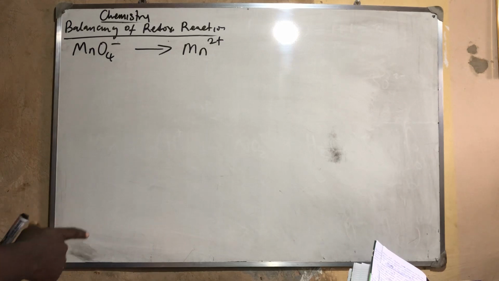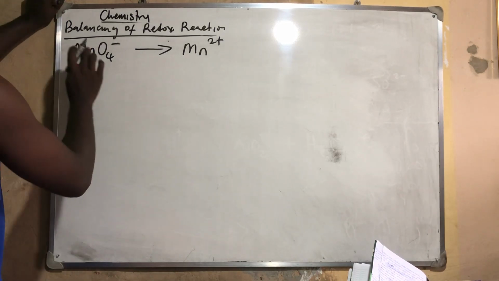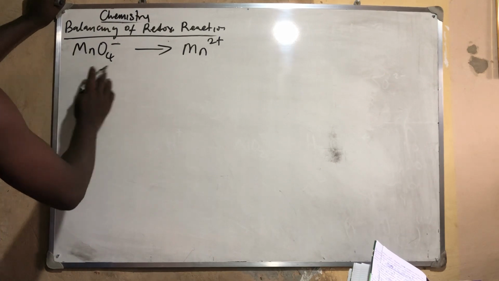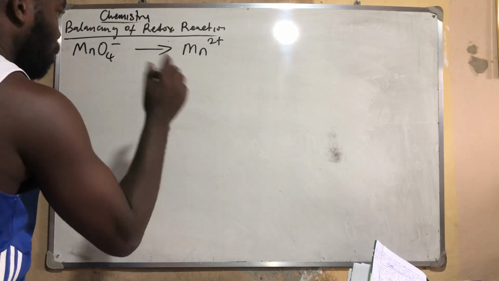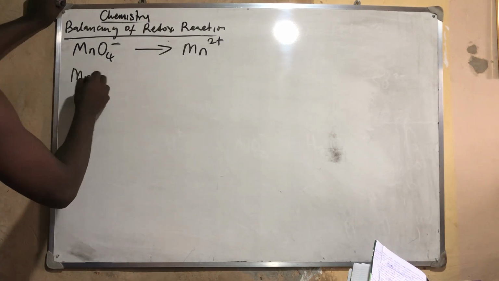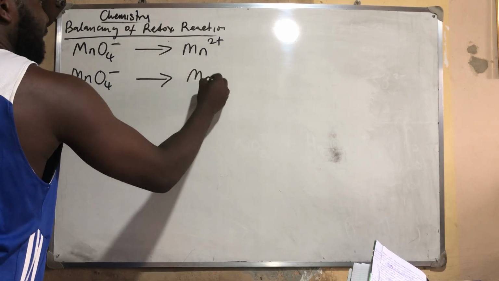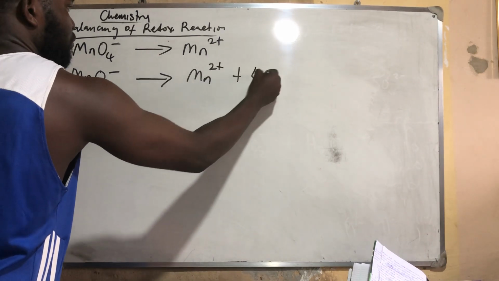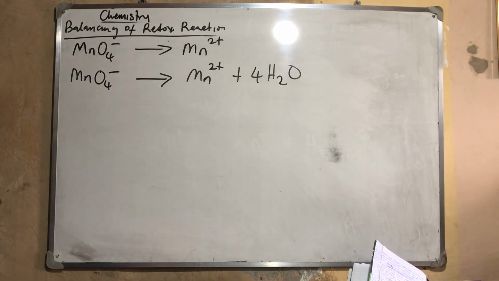So we are adding water to the side with greater oxygen. And the number of oxygen here is 4, and here does not have at all. So we are adding 4 molecules of water. So I'm going to have MnO4 minus to give us Mn2 plus 4 molecules of water, because this one is 4.